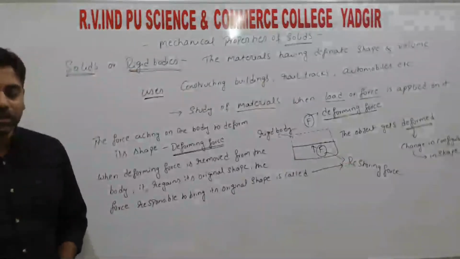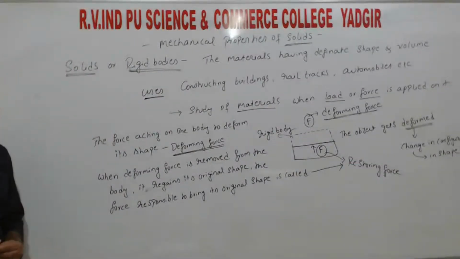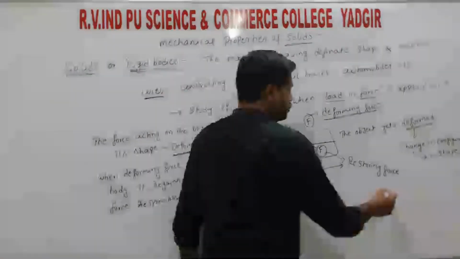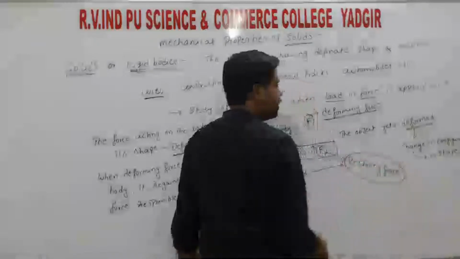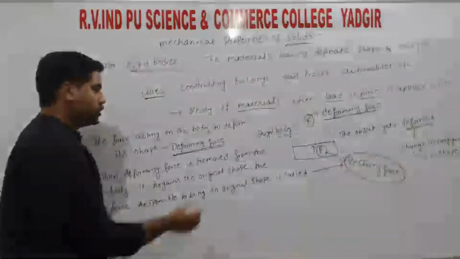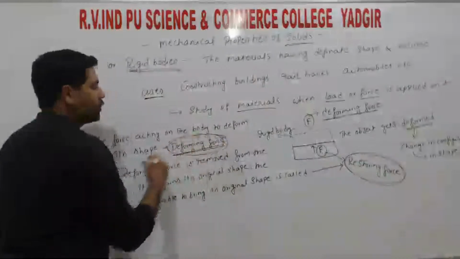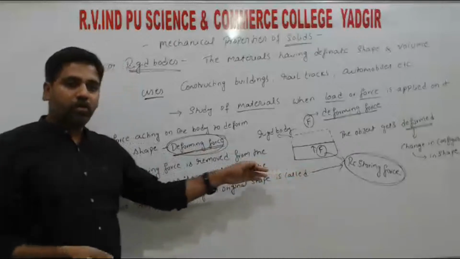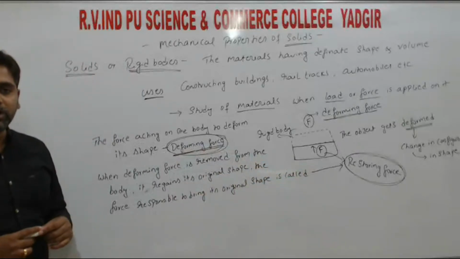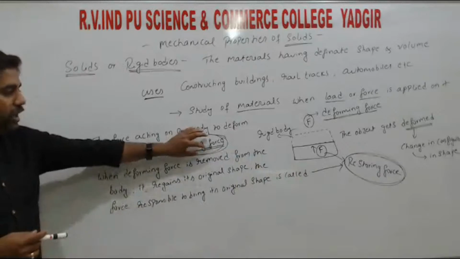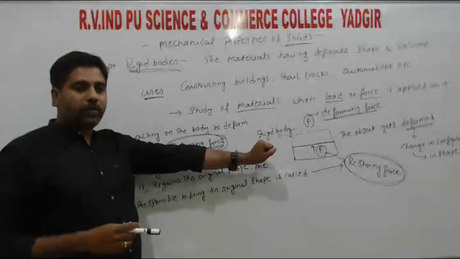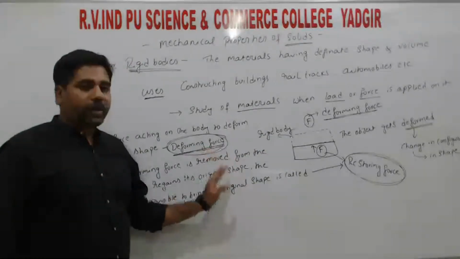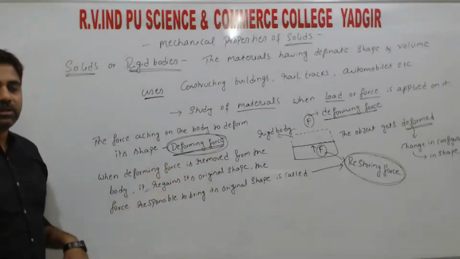So adana navenanta karithivi force, right? So these are the basic definitions. One is deforming force and another one is restoring force, right? So deforming force ಮತ್ತೆ restoring force ಇವು ಎರಡು ಕೂಡ equal ಮತ್ತೆ opposite ಆಗಿ ಇರುತ್ತೆ. So when we remove the deforming force, it gets the restoring force, right? So these are two very important definitions, right?